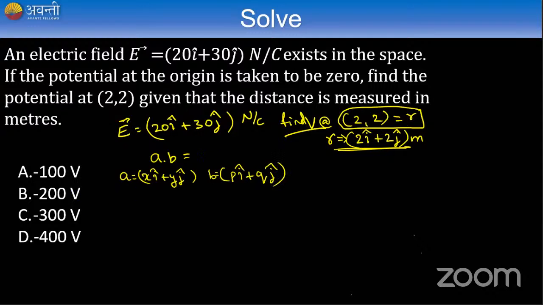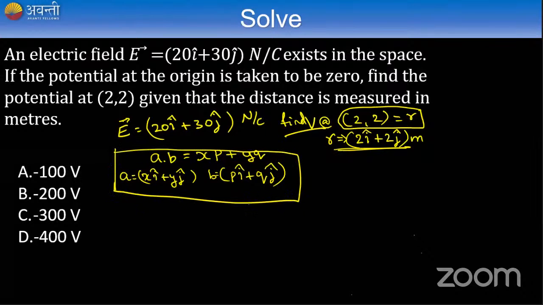Then A dot B will be equal to x into P plus y into Q. Now guys, I'm not going into the detail of this.